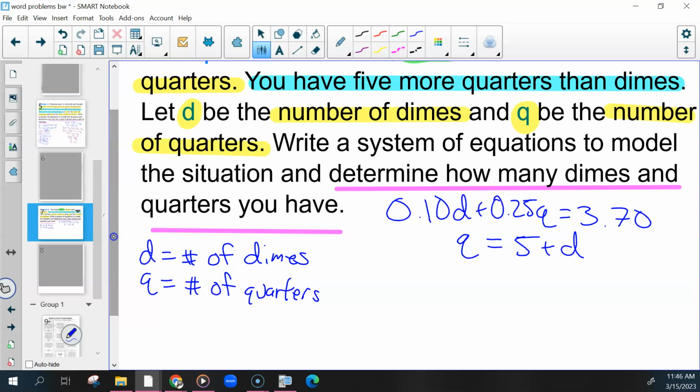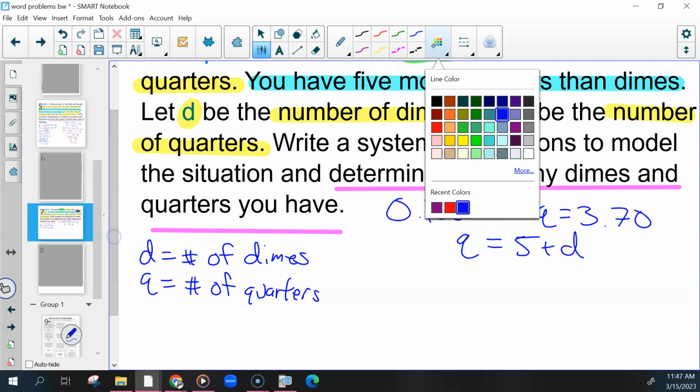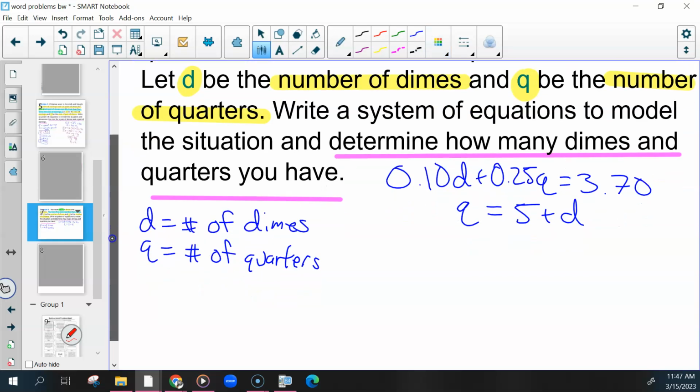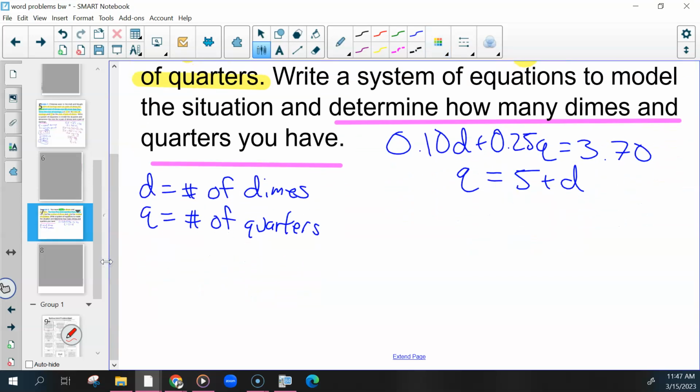And even though this is set up very similarly to the last one where we could do substitution, we're going to do this by elimination. So we first have to make sure these are lined up. So we would subtract D to the side.